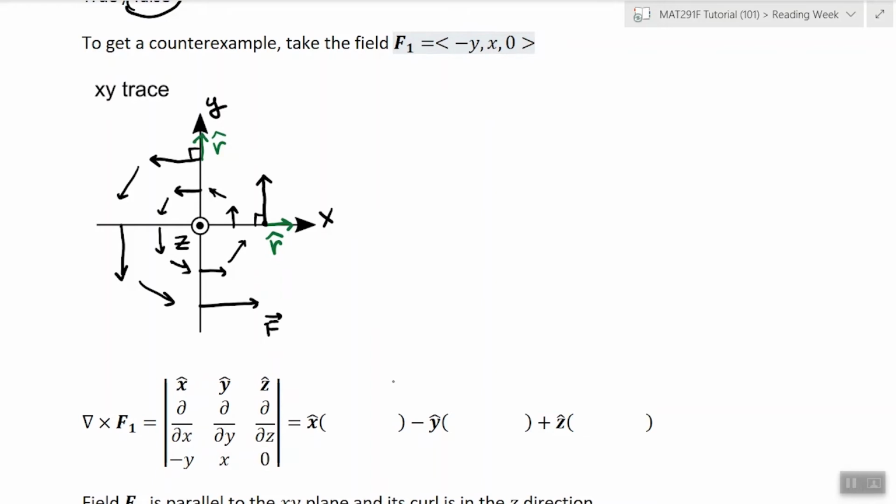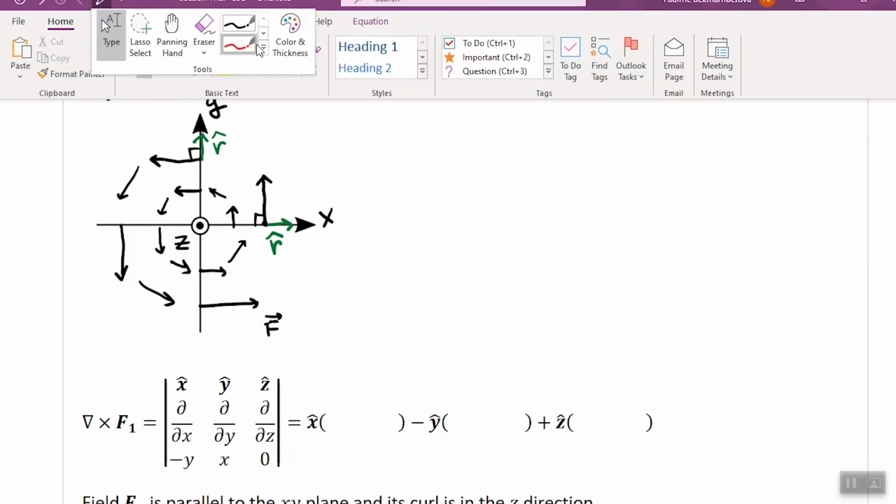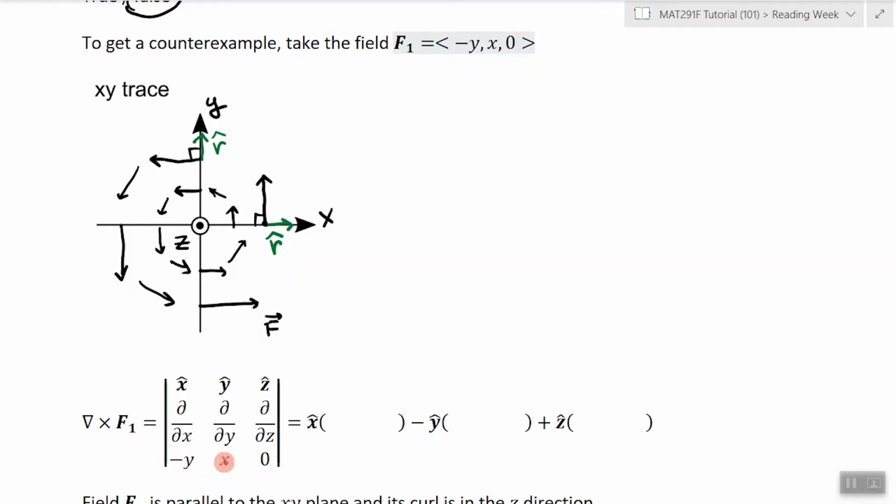For the x component, we get this determinant, which is 0 minus partial derivative of x with respect to z, but that's just 0.